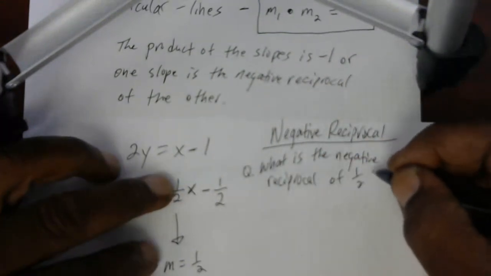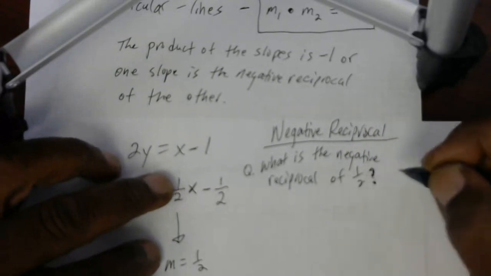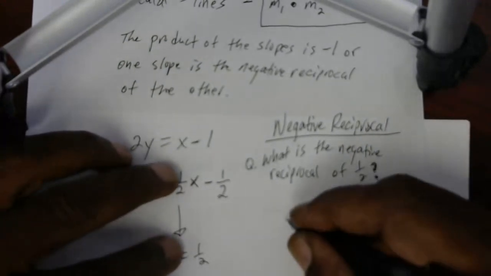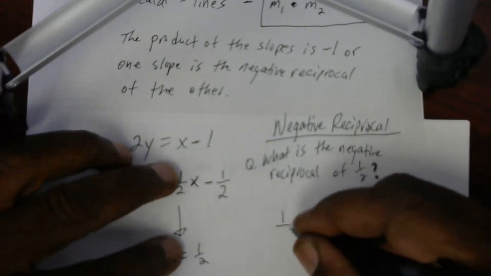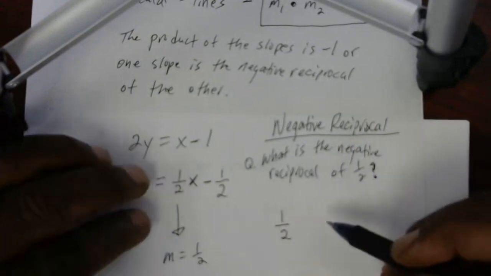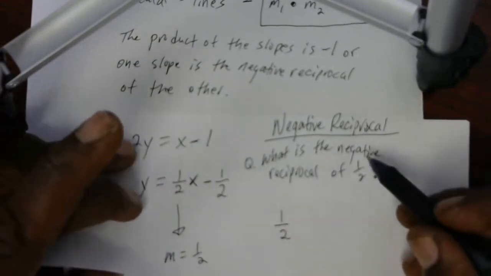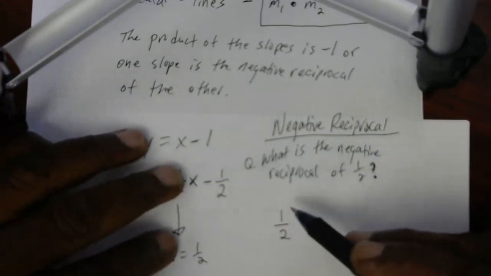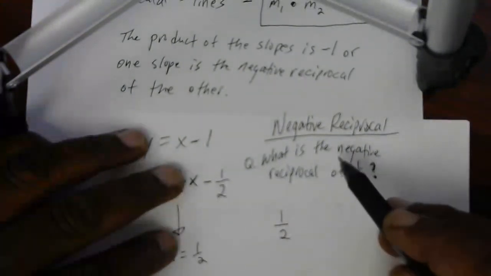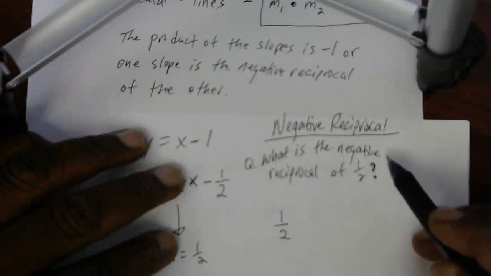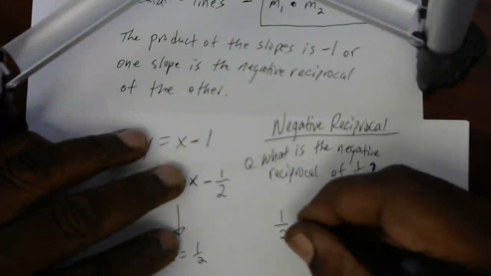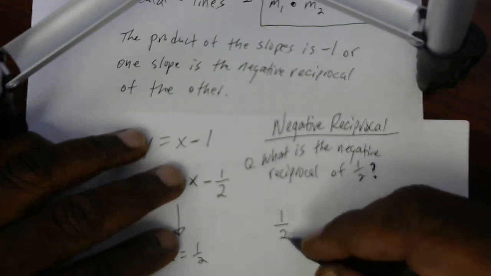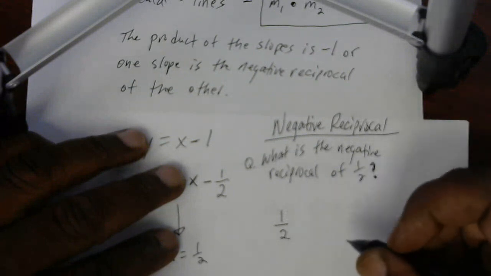Well, first of all, if we have 1/2, the negative reciprocal would simply mean that I have to take my 1/2 and multiply it by a negative, right? So the 1/2 becomes a negative 1/2.